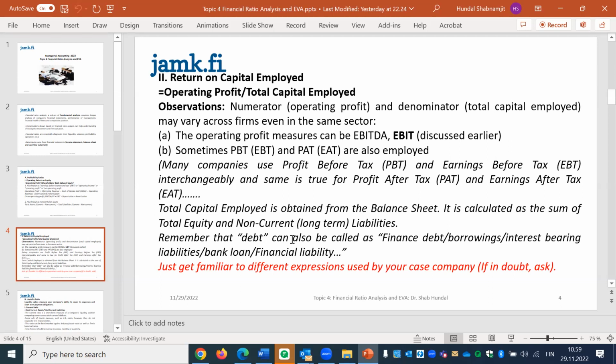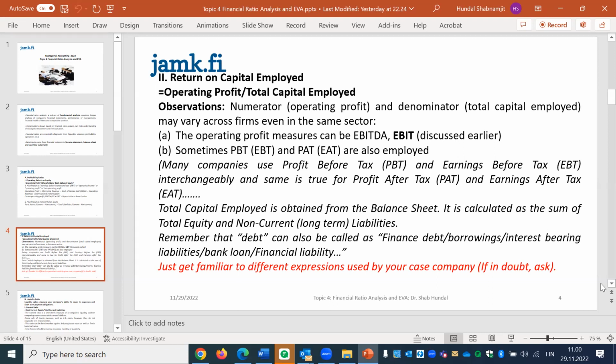So in the total capital employed, we include the equity, plus we also include the long-term debt. I know you have seen some of the annual reports of companies, and over there, even though in theory long-term is a good expression, usually we use the word non-current debt, financial debt, basically.